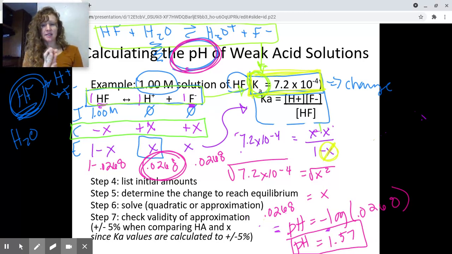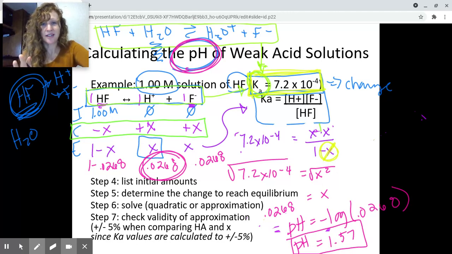So again, same calculation, different context is going to change your procedure just a little bit. So one of the takeaways from this slide is how to do it. How do we get to our equilibrium positions when we're dealing with a weak acid solution that's going to go to equilibrium instead of going to completion? The other thing that you should probably do before we move on is consider the context.